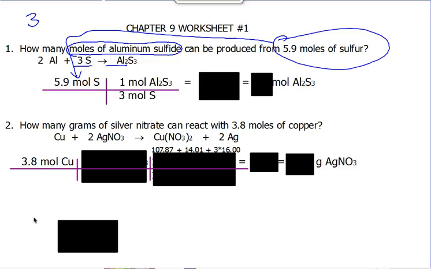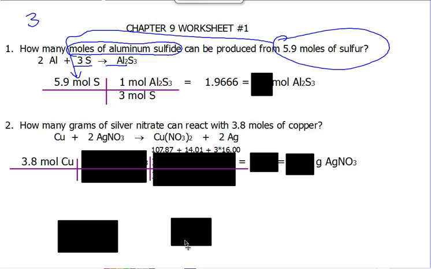I do the math, right? 5.9 times 1 divided by 3. The calculator spits out an answer that probably doesn't end. Is that like a repeating 6 that goes for a bajillion years? Yeah. So I'm going to round it based off of sig figs. The ratio is exact values, so they're infinite. The given was how many sig figs? 2. So I wrote down 2. I rounded it to just the first 2 values.